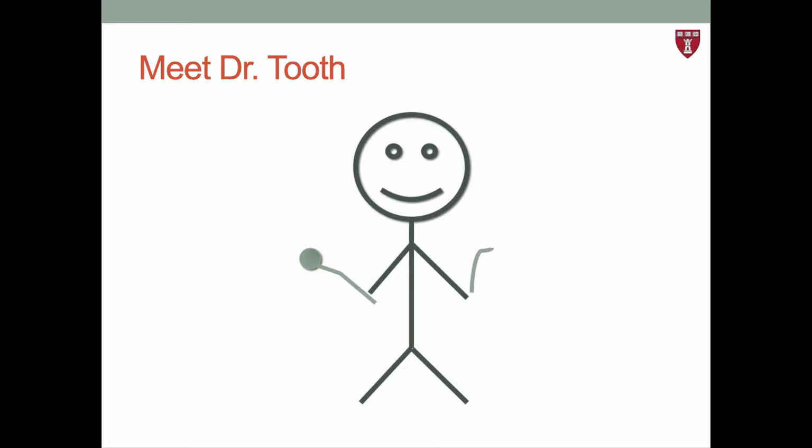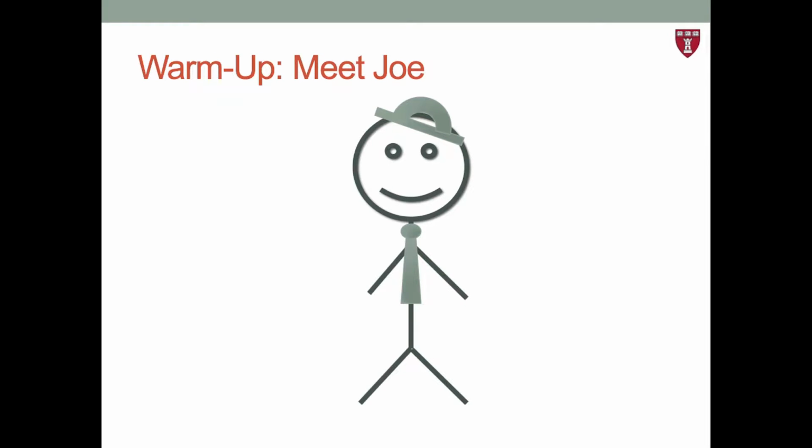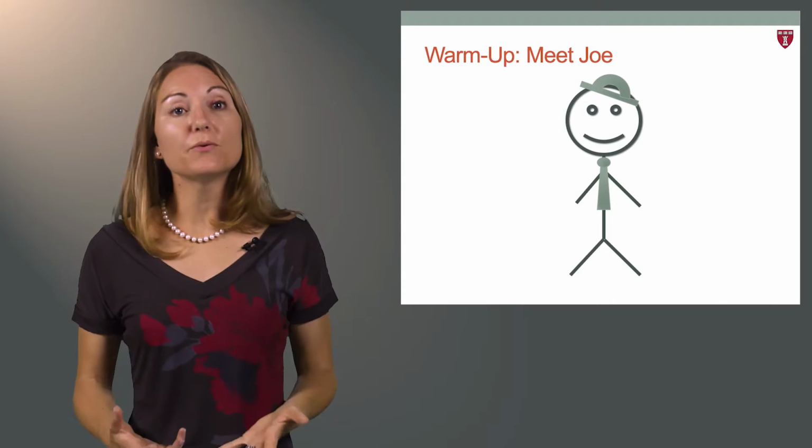In Module 2, we started with a warm-up activity where we met Dr. Tooth. During this interactive activity, we explored the 6 main categories and their components of a well-functioning health system needed for Dr. Tooth to be able to practice dentistry and treat the patients who need care. In this module, we begin with another interactive warm-up activity, Meet Joe, who is a person from the community.